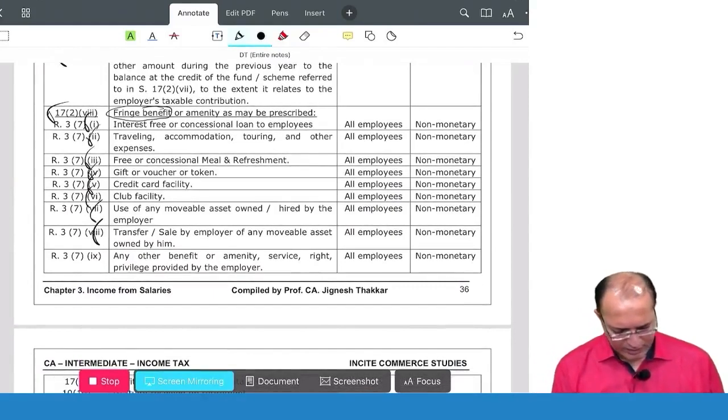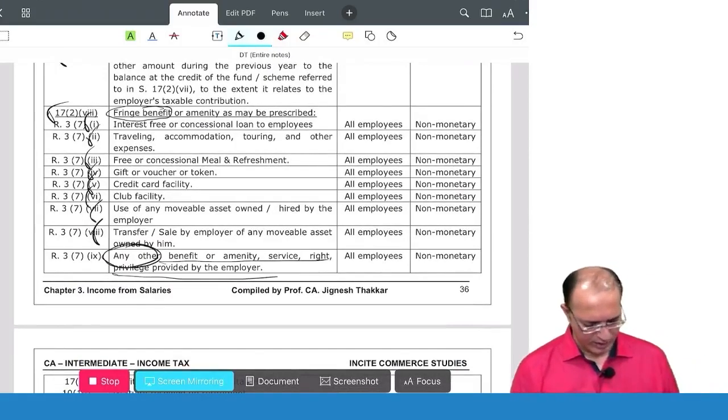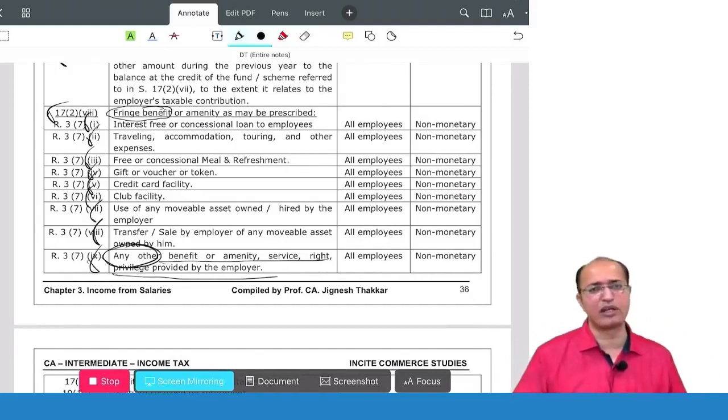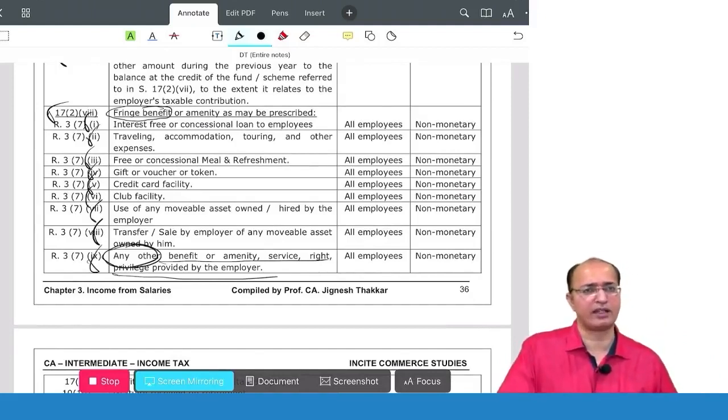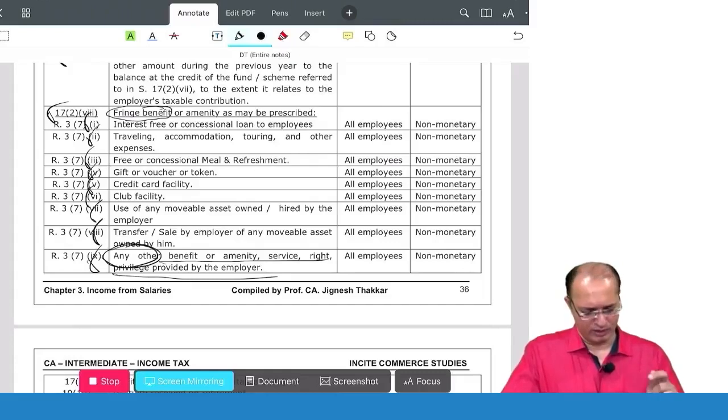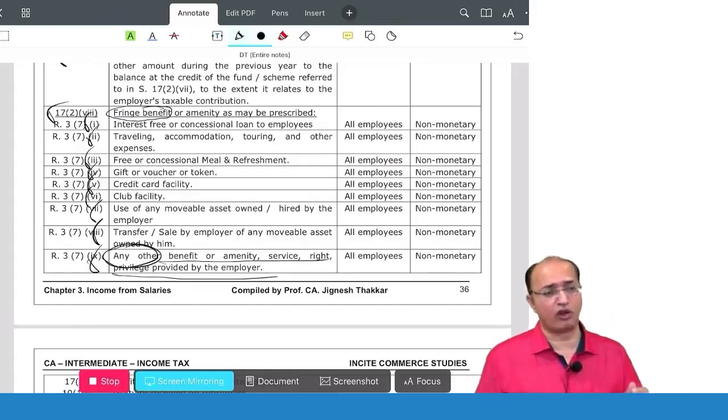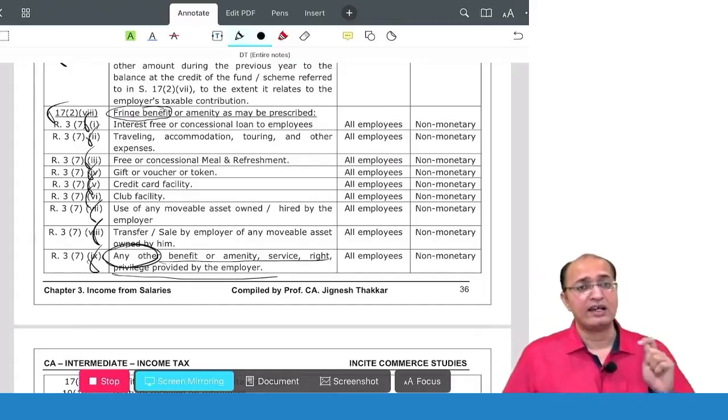Point number 9 says any other benefit or amenity, service, right or privilege provided by the employer. See, point number 9 is a residuary point. In section 17, subsection 2, clause 8, point number 9 is a residuary point.